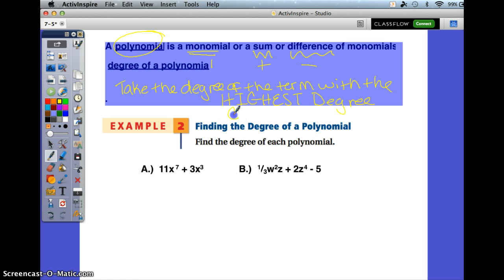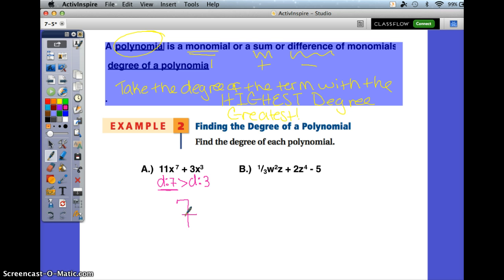Or you might say the greatest. For example 2, we are going to find the degree of these polynomials. For letter A, the first term has a degree of 7. The second term has a degree of 3. Since 7 is greater than 3, the degree of the polynomial is 7.